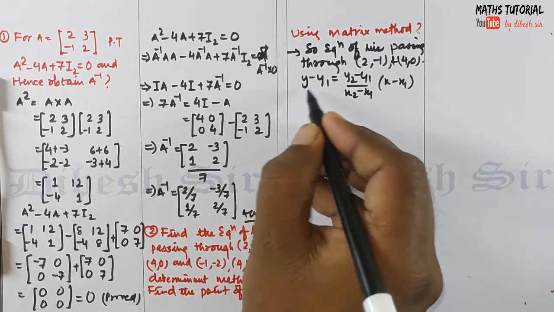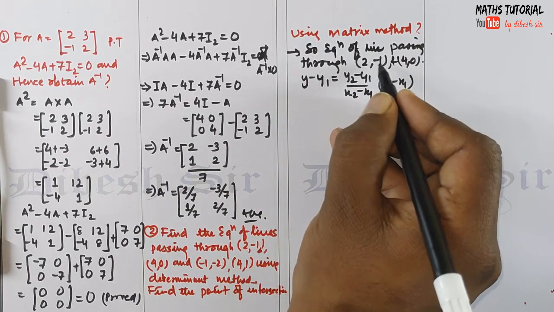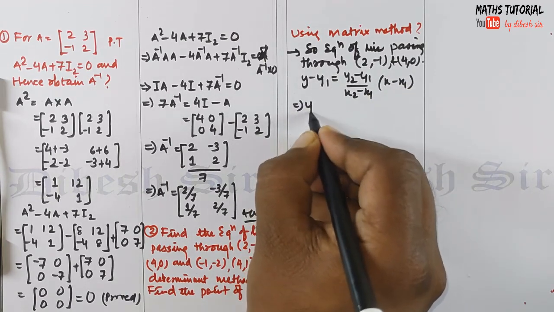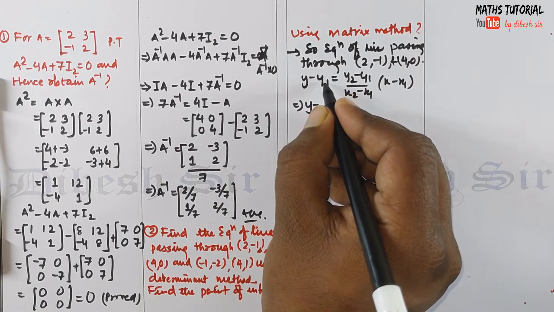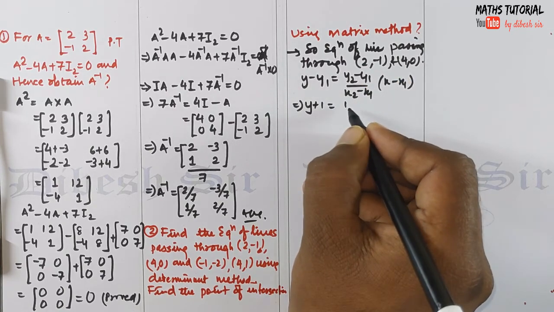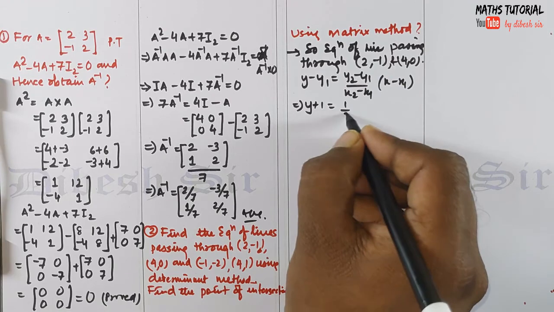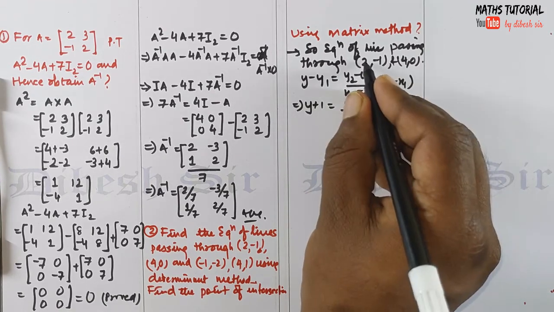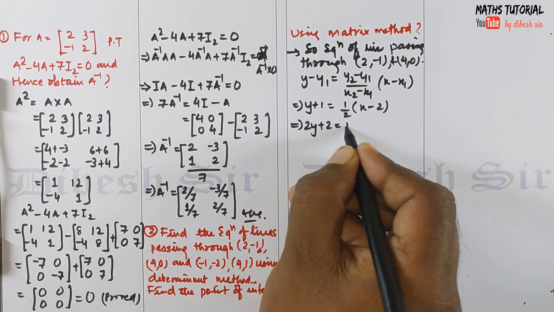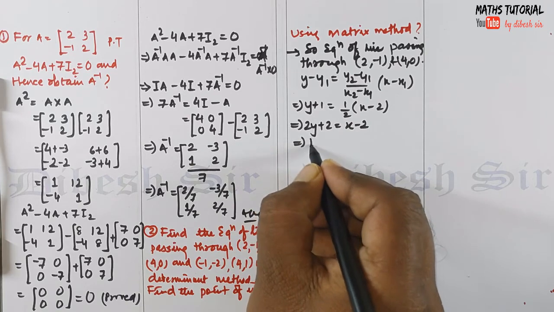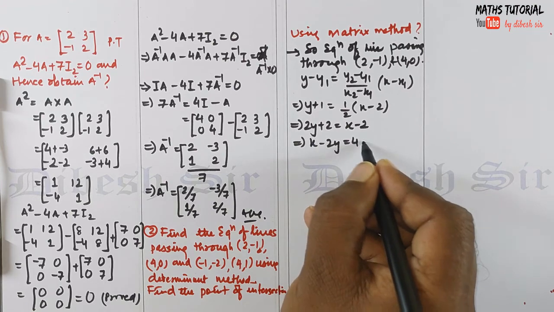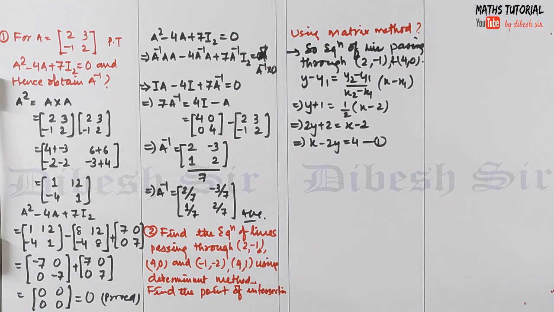Putting the points here, this is x1 y1, this is x2 y2. So y minus minus 1, that is plus 1, equals y2 minus y1, 0 minus minus 1, that is 1, over 4 minus 2, that is 2, into x minus x1, x1 means 2. Multiply 2 here, that is 2y plus 2 is equal to x minus 2. So x minus 2y is equal to 4. This is our equation of the first line.